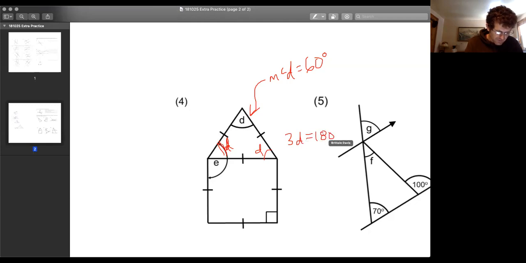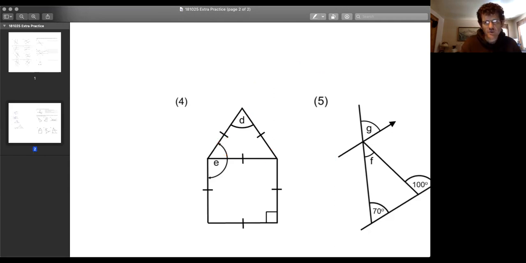So if I divide by 3, each angle D is 60 degrees. So it always will be the case that an equilateral triangle has 60-degree angles at every corner. Okay, so that's kind of a straightforward problem. We could make this more difficult, but basically that's what we've got going on.